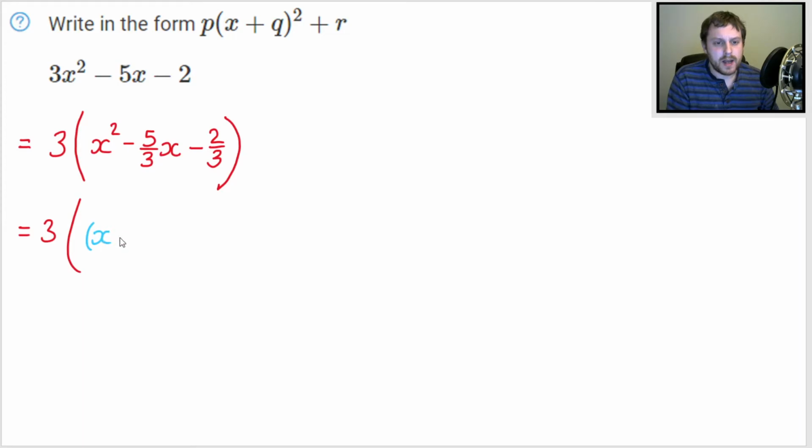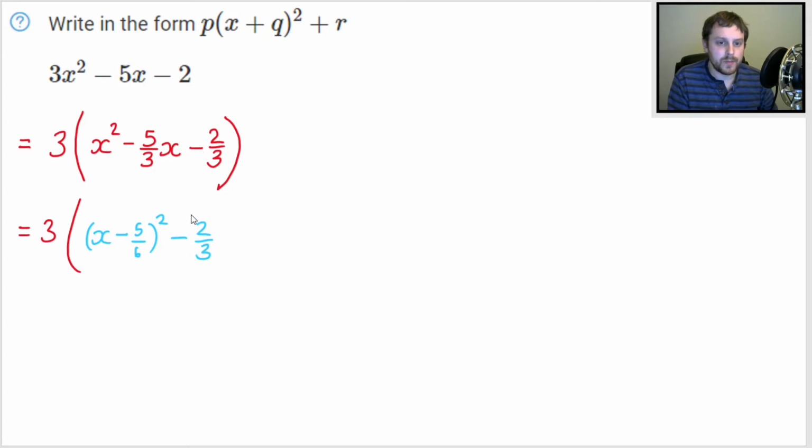Open a bracket, write x. And then what's half of minus 5/3? Well, we can either halve the top or we can double the bottom. So I think we'll double the bottom and write minus 5/6. Close the bracket, write squared. Don't forget about the minus 2/3.